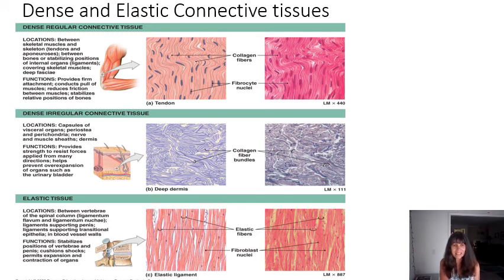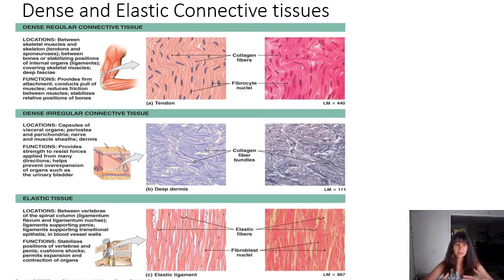With elastic connective tissue, we see elastic connective tissue between the vertebrae of the spinal column in a structure known as the ligamentum flavum, as well as the ligamentum nuchae, and also in ligaments that support the penis and ligaments that support transitional epithelia. So we have dense irregular connective tissue involved with the urinary bladder and elastic connective tissue involved with the urinary bladder.